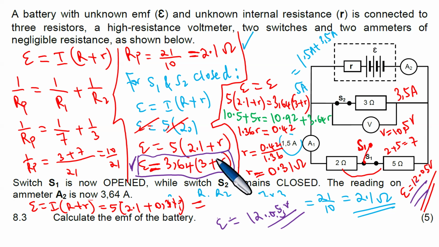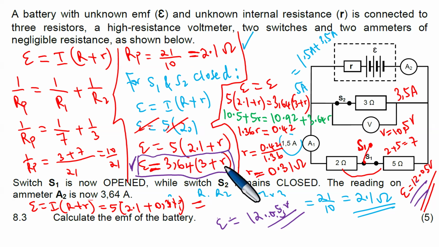Plus the internal resistance. What is the internal resistance? Still, we don't know it, but at least before, when both switches S1 and S2 were closed, I was 5 amperes, and the external circuit had 2.1 ohms.